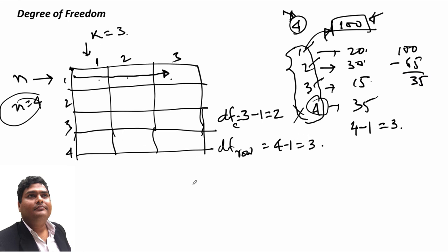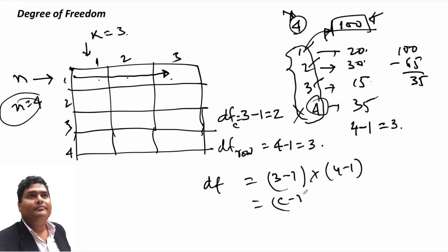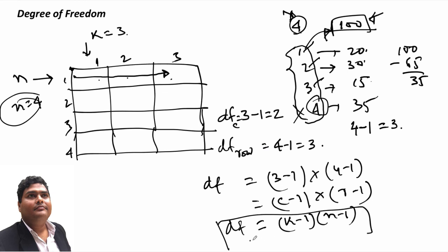And the total degree of freedom will be 3 minus 1 multiplied by 4 minus 1, that is, columns minus 1 multiplied by rows minus 1. So I can write k minus 1 multiplied by n minus 1. Is it clear? So the total degree of freedom for this given table will be k minus 1 multiplied by n minus 1. But if it is not given in table format, and there are only columns or only rows, then we will use the earlier concept.